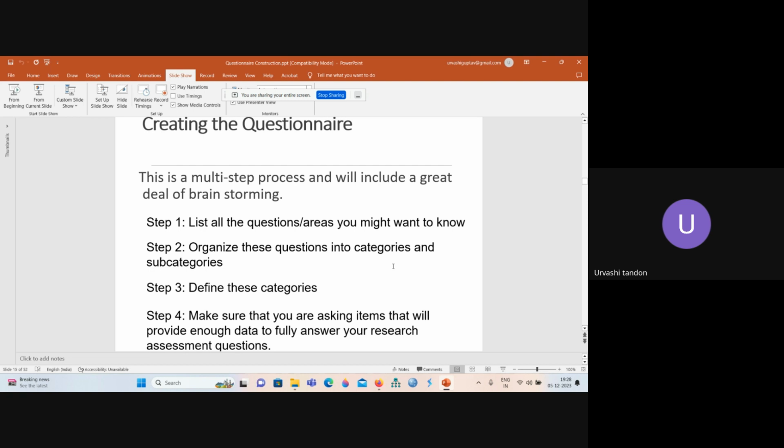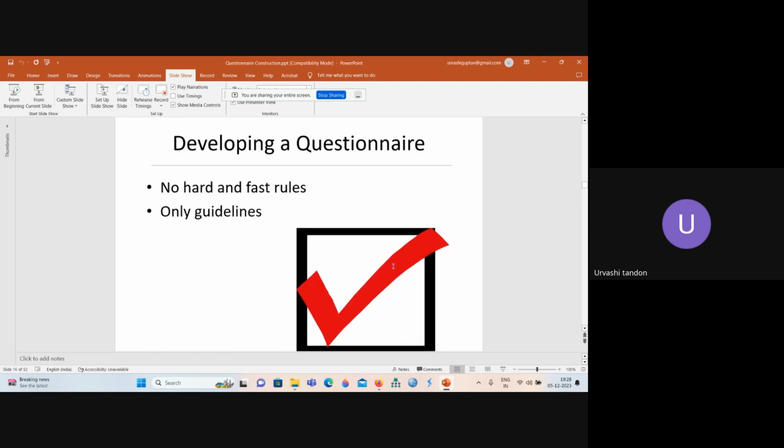So this is how we go for questionnaire designing. We list all the questions and categories and keep on adding questions. Then, with multiple rounds of revisions, we organize these into categories and subcategories.